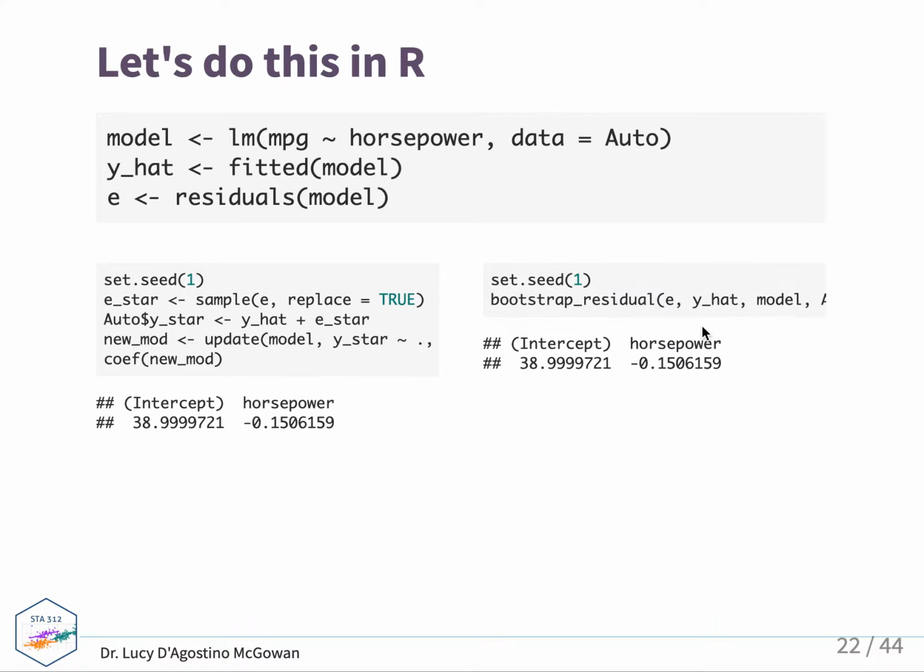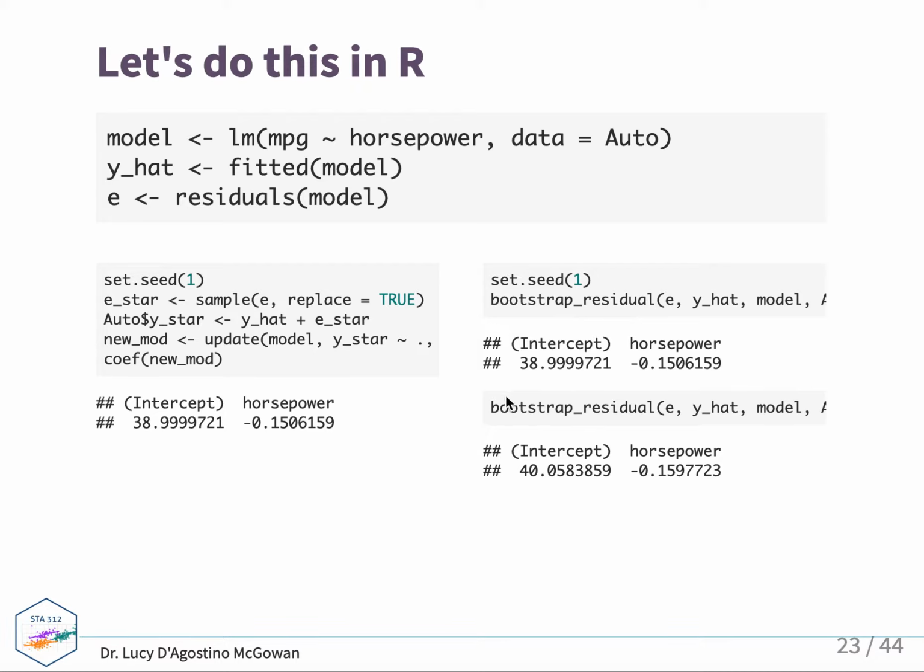Just to show you that this is working exactly the same, if I set that same seed and use that bootstrap_residual function that I just created, and plug in the same e, y hat, model, and auto, where e is my residual, y hat is my fitted values, model is my model, and auto is my data, I get the exact same answer. So when I run that function with a specific seed, I get the exact same answer as if I just ran the inside of it.